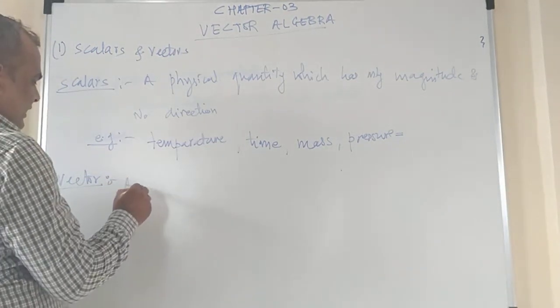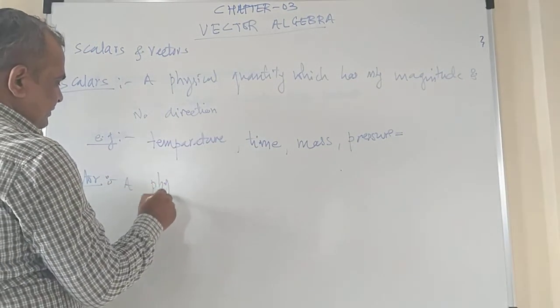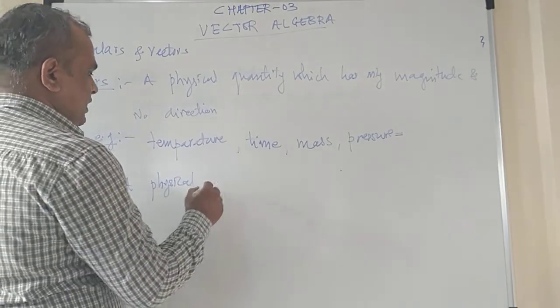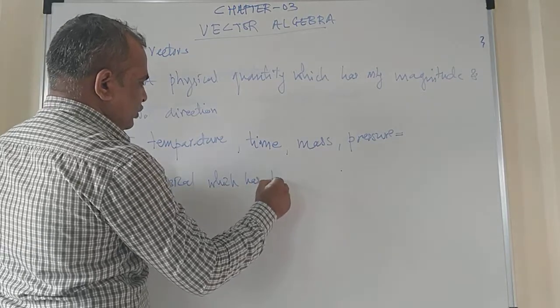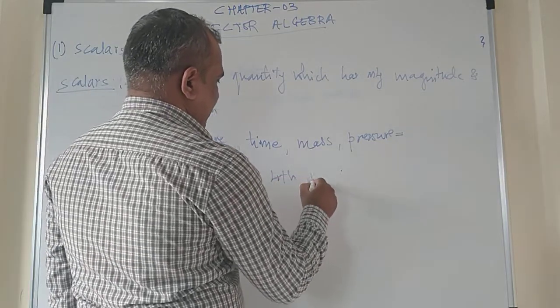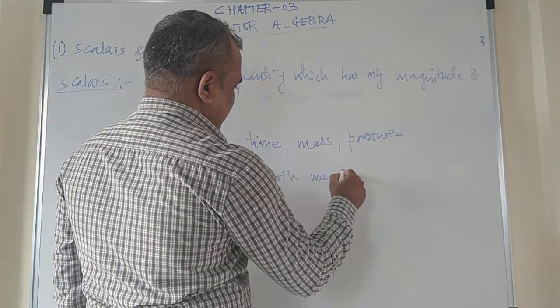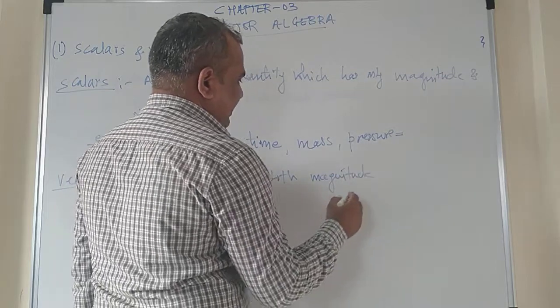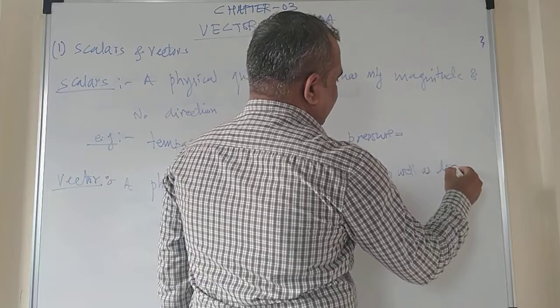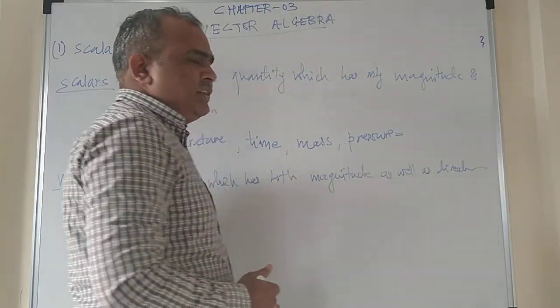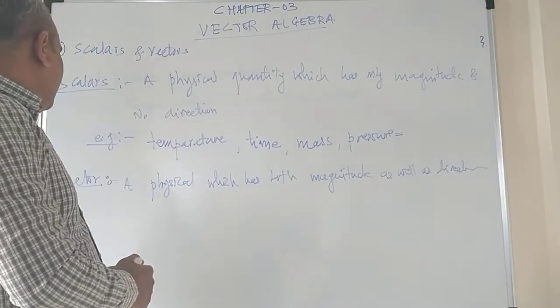Vector is a physical quantity which has both magnitude as well as a direction, then such physical quantity is said to be a vector.